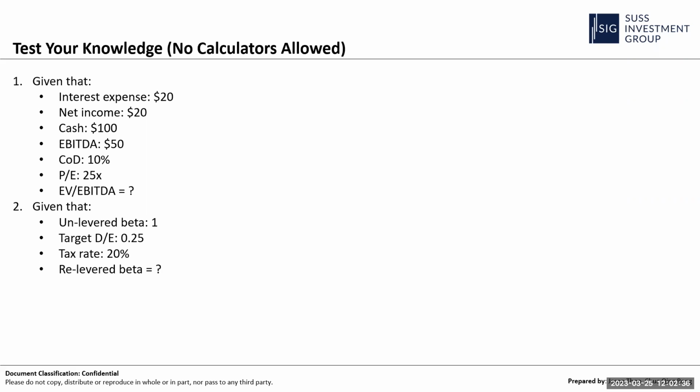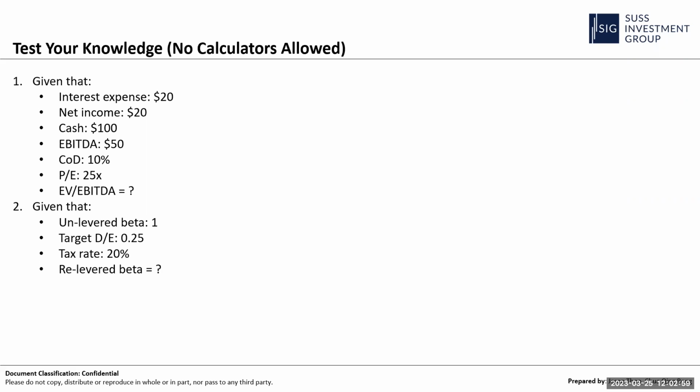Yes, unlevered beta times 1 plus tax rate, then multiplied by the target D/E. Wrong. Close enough. Okay, so very simple, the equation is called the Hamada equation.